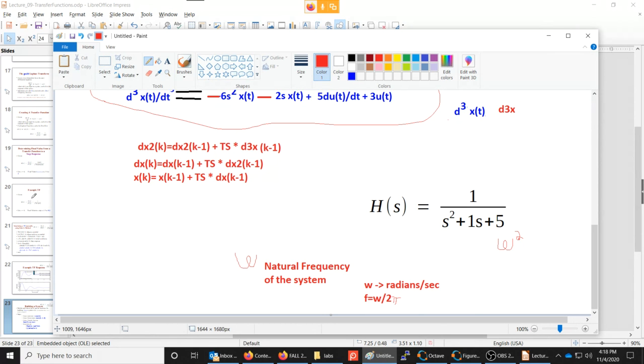So, okay, the frequency omega is radians per second. It's how fast it's actually oscillating around. And so the frequency in hertz, which is kind of a linear definition of the frequency, you divide by 2 pi to get that linear aspect of it, or the radius, effectively, of that oscillation.